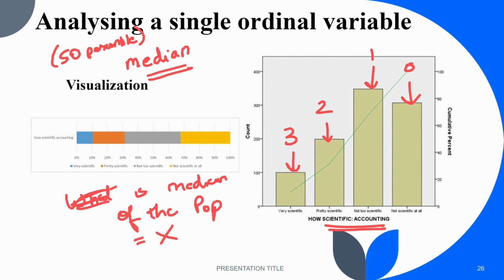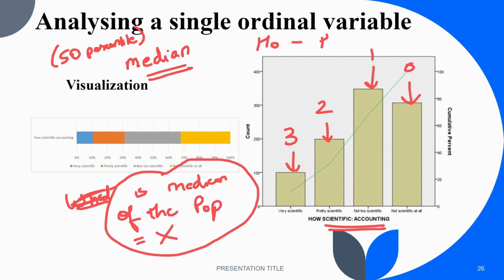So if the question is whether the median of the population is equal to X, there can be two hypotheses. The null hypothesis is that there is no difference between the median of the population and X. That means X is the median of the population.